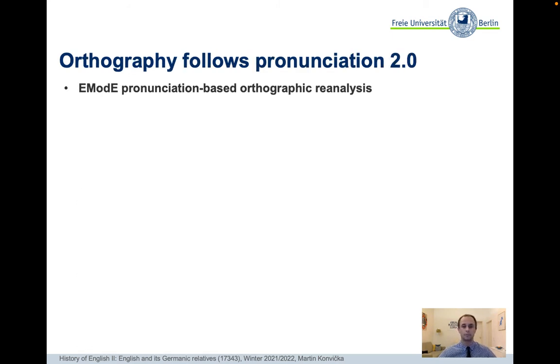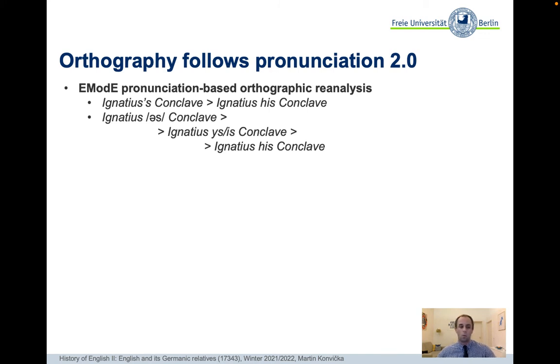So what we probably can see in these constructions in early modern English is the reinterpretation of the 's in Ignatius's conclave to something like Ignatius his conclave, right?